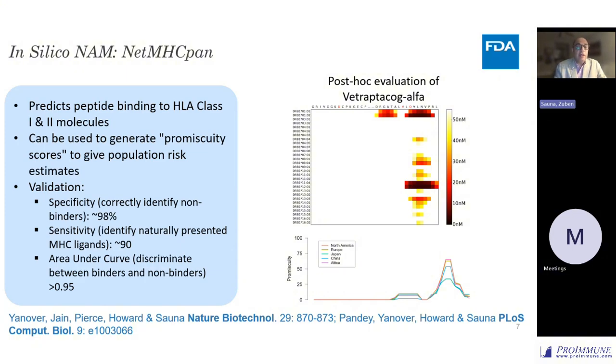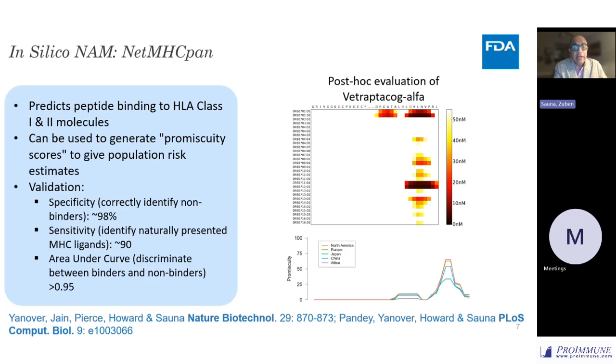So essentially, most of the existing in silico tools tell you how well a peptide of interest will bind to either HLA class 1 or class 2 molecules. It's an early initial way of recognizing if some epitopes in your protein are likely to be immunogenic or not.